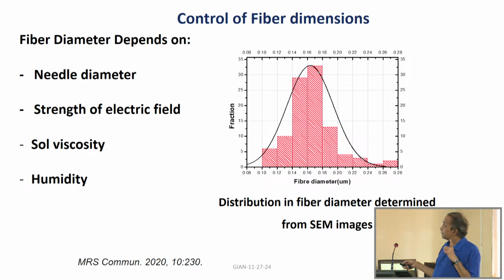But keep in mind that 2/3 of the fibers, about 66%, fall in a very narrow range. So even though there is a wide distribution, the number of fibers with diameter at the lower end or higher end is not that many. You can define the fibers with an average diameter, and 66% would be in the range of 140 to 180 nanometers.